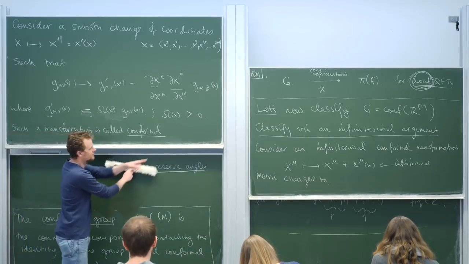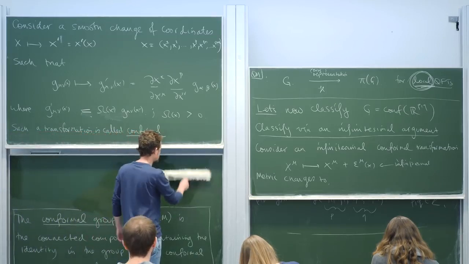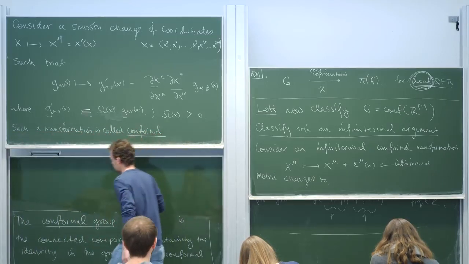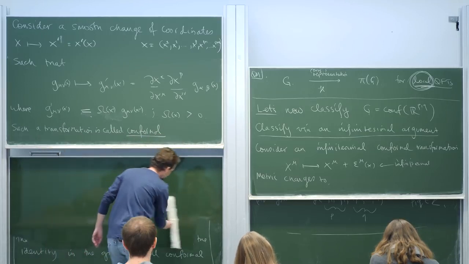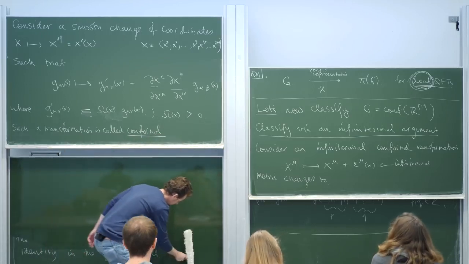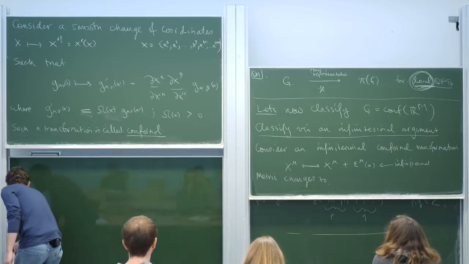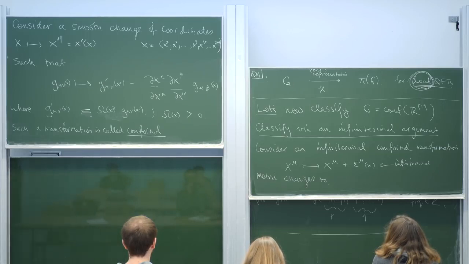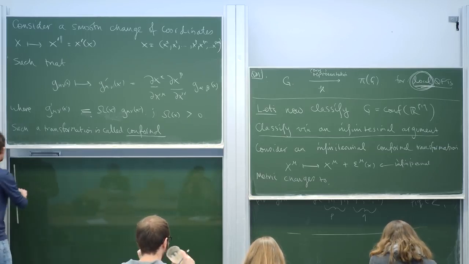It'll turn out not any old function epsilon of mu will be allowed, only certain epsilons. Epsilon can't be arbitrarily crazy. Unless the dimension of space-time is 2.